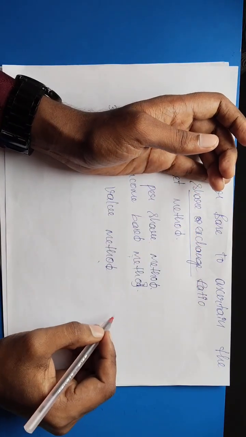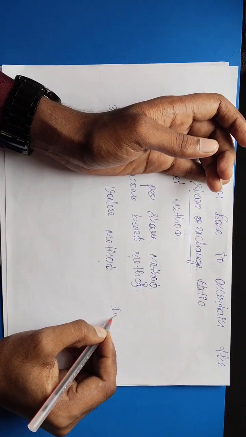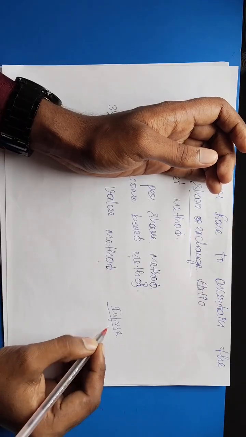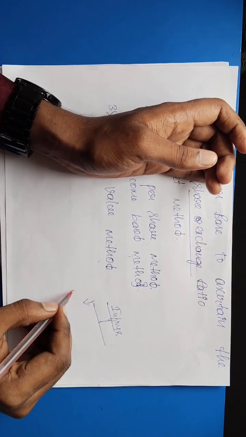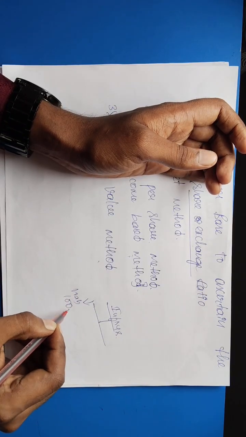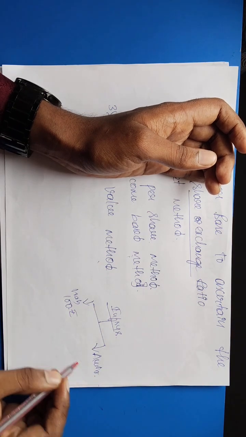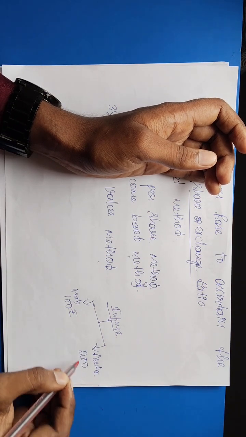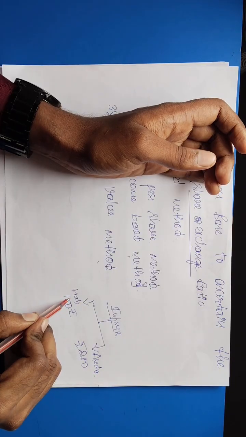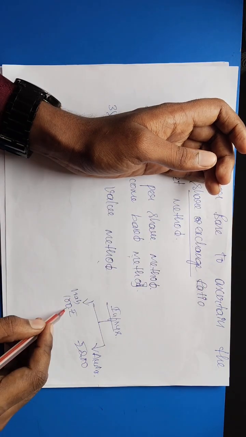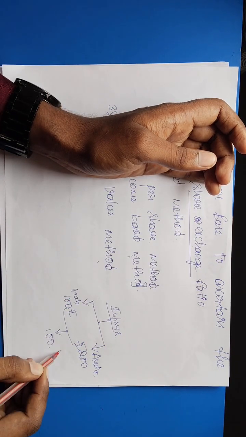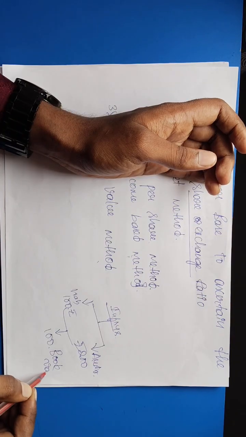Just imagine there is a company, Infosys. Currently their liability is 100 rupees, and they own assets of around 200 rupees. So their liability is 100 rupees, their assets are 200 rupees, and the rest of the amount is 100 rupees. That amount is called the book value.